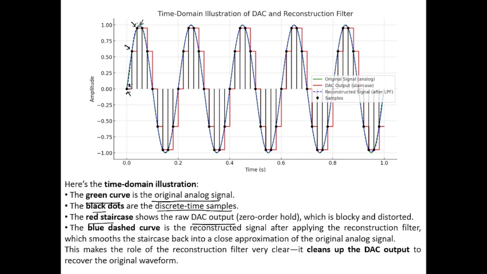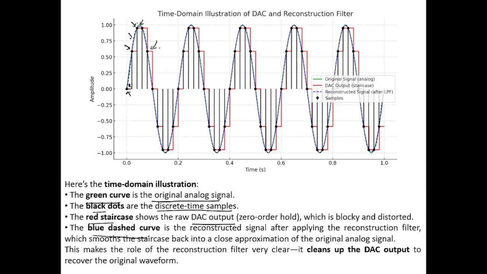I already told you that when we convert a digital signal to an analog signal, we get staircase signals. These staircase signals look something like this. Then we have this blue dashed curve after the reconstruction.